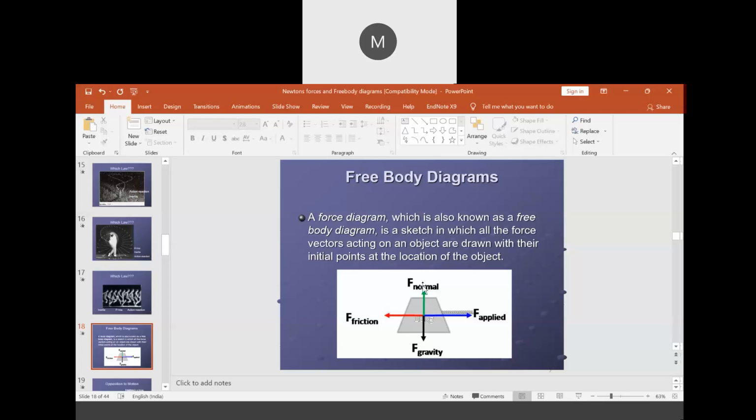Then we have the applied force, that means the force which is applied in the direction of application. Next we have frictional force. So how does frictional force act? The frictional force acts in the direction opposite to the motion. So basically our main aim will be to study friction.